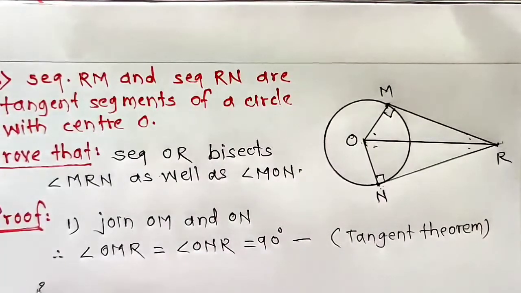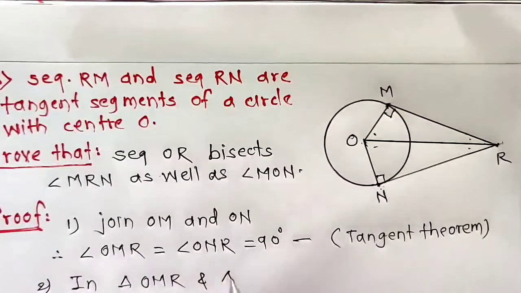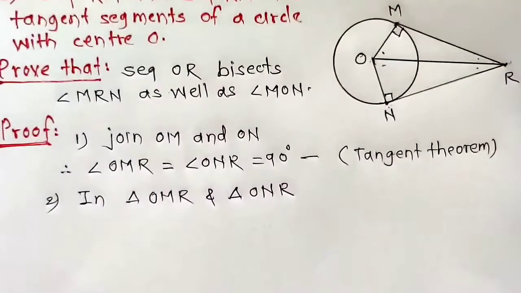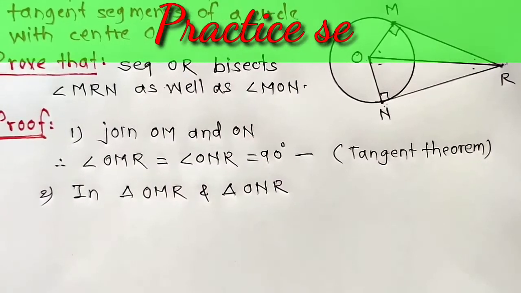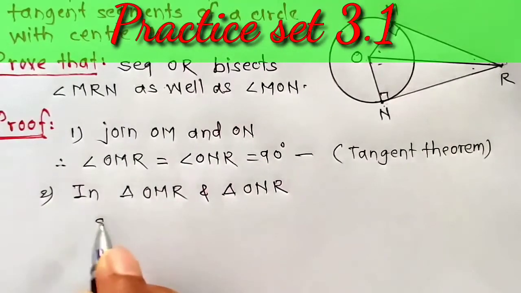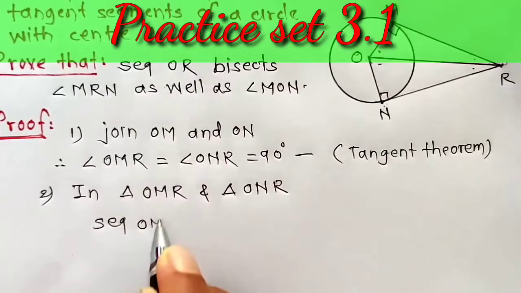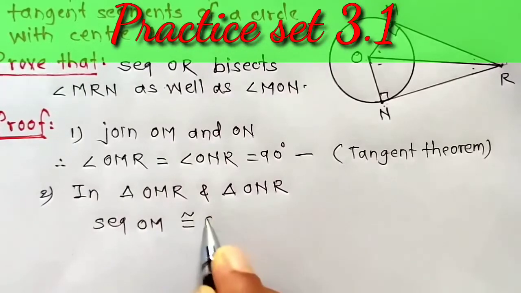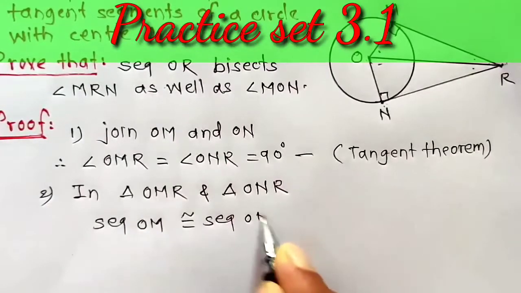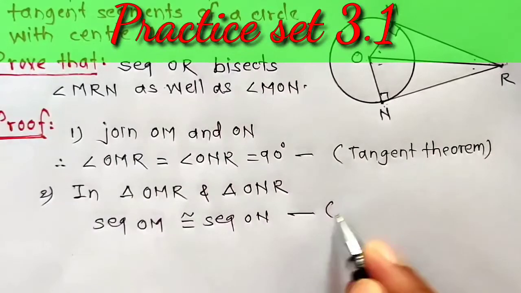Now, second point, if we consider these two triangles, these are right angle triangles. So in triangle OMR and triangle ONR, here this segment OM is congruent to segment ON. What is the reason?